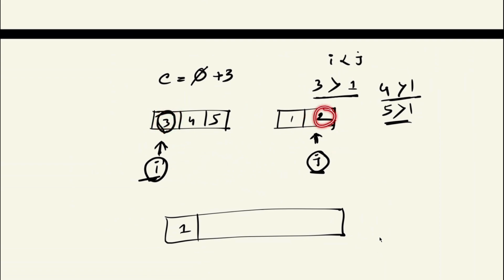Yes, it is. So we got a pair, and this 4 is also greater than 2 and this 5 is also greater than 2. Therefore, we get 3 more pairs, which is plus 3, right?